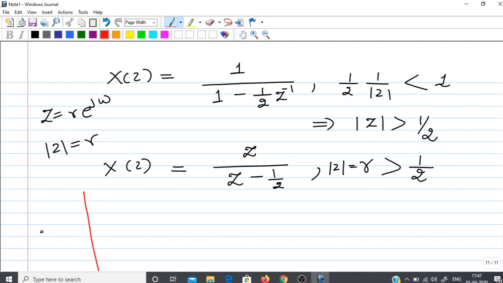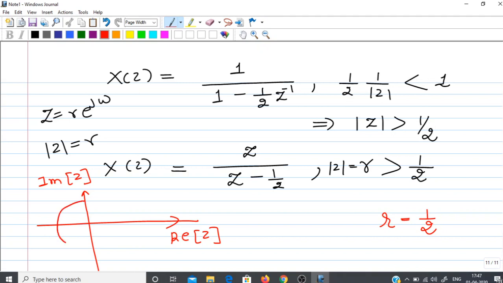So first I draw the Z plane. This horizontal axis is the real part of Z. This vertical axis is the imaginary part of Z. Now I have to draw a region which is greater than half. Before that, the region R equals half would be a circle in this Z plane whose radius would be half and whose center would be the origin.